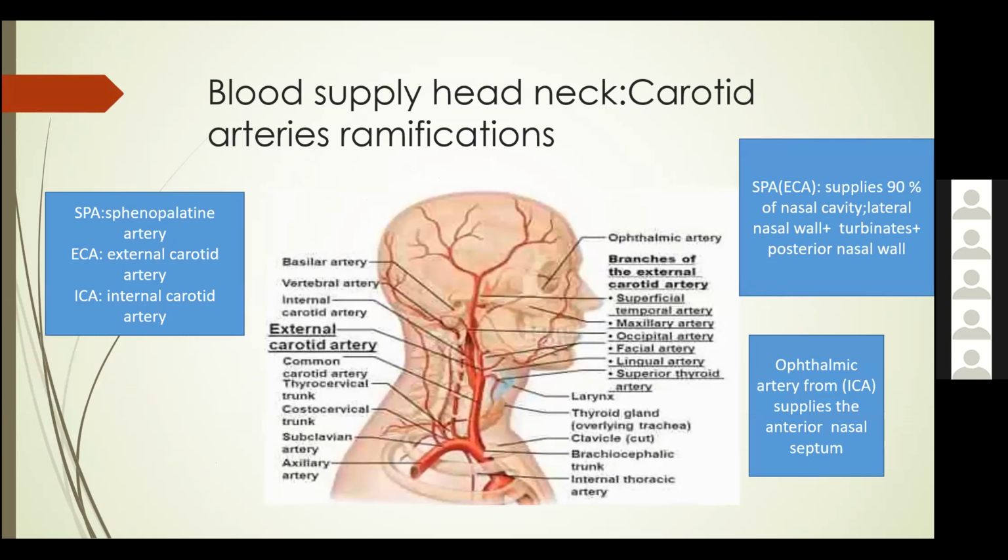Now, the blood supply of the head and neck is based on the carotid artery ramifications. The carotid arteries are two: the external carotid and the internal carotid. Each of these arteries gives branches that supply the nasal cavity.